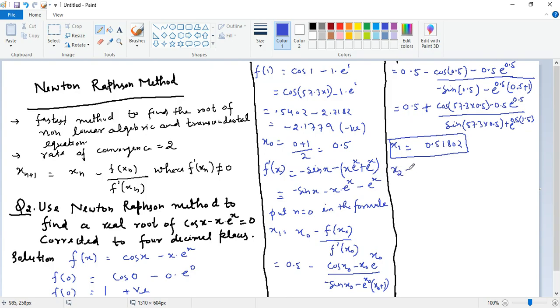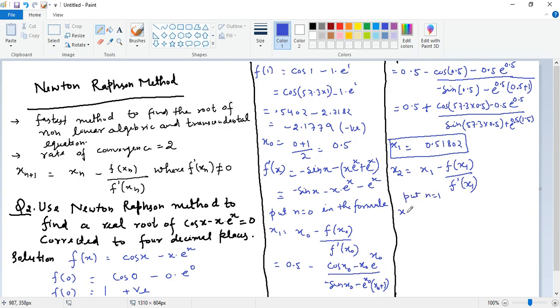So x2 will be equal to x1 minus f(x1) upon f dash(x1). So in place of x in f(x) we will put x1, and in place of f dash we will put x1. So put n is equal to 1.